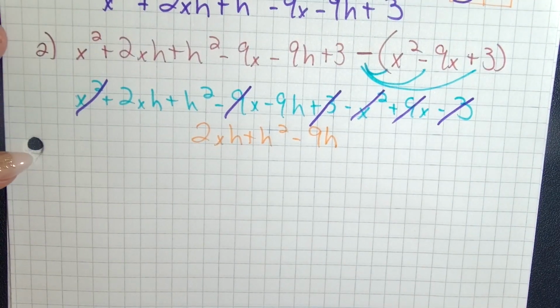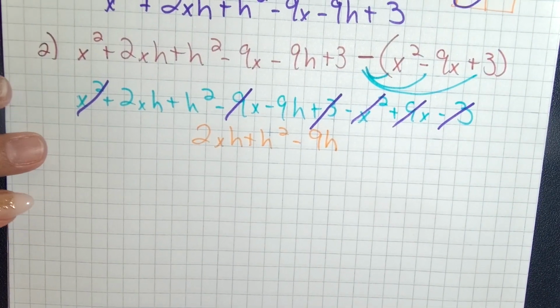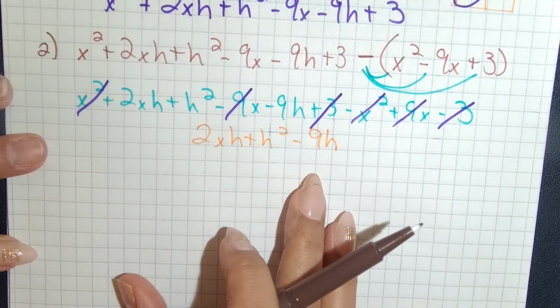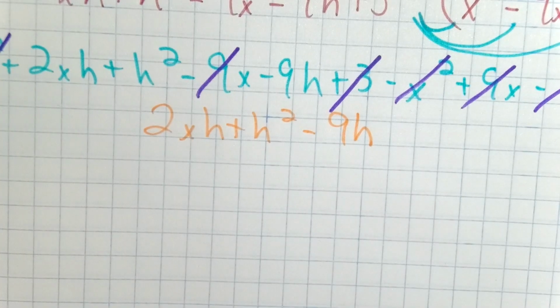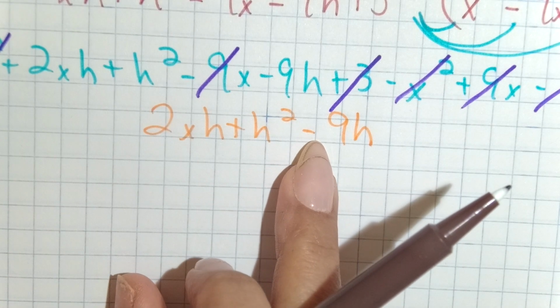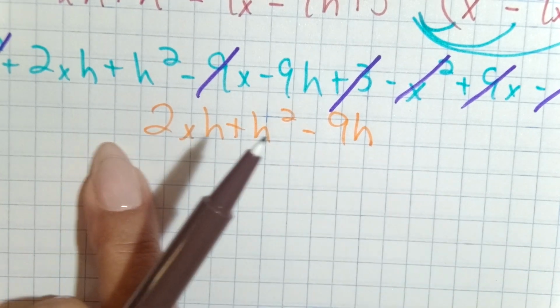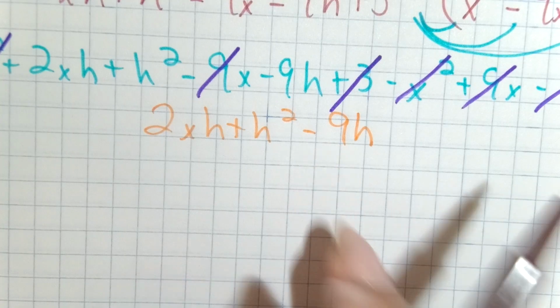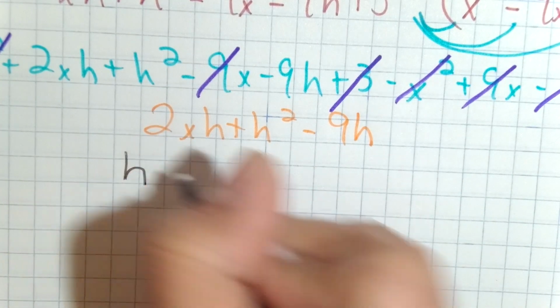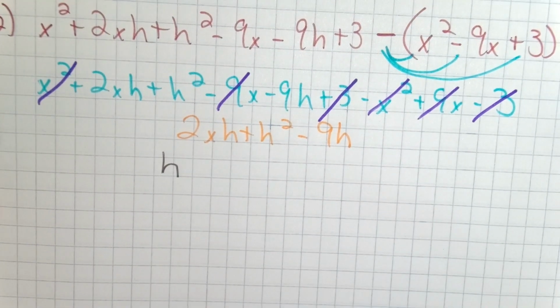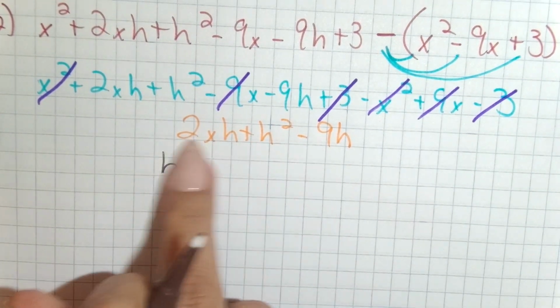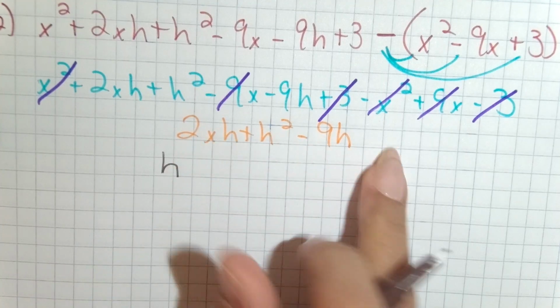Okay. Am I done? No, what does it say I need to do then? Not yet. Not distribute. We need to factor out any h's. Okay, so I need to factor out the h's. Each of these has an h in it.